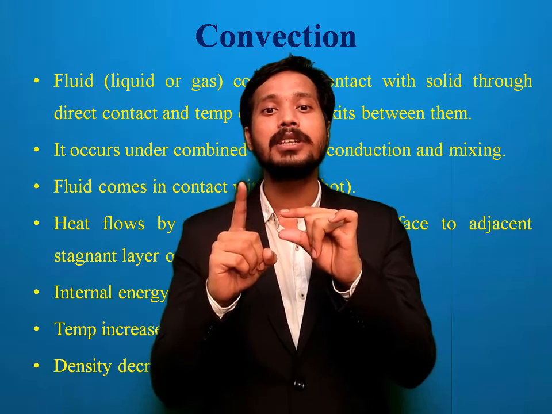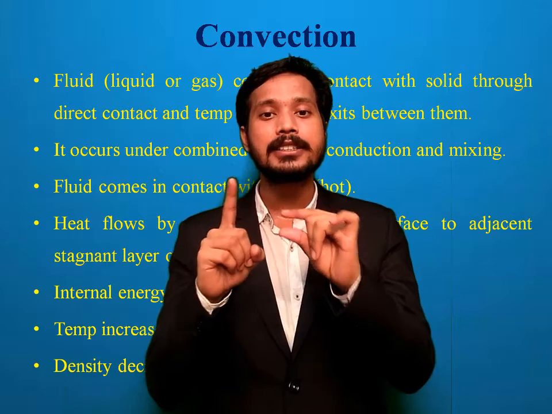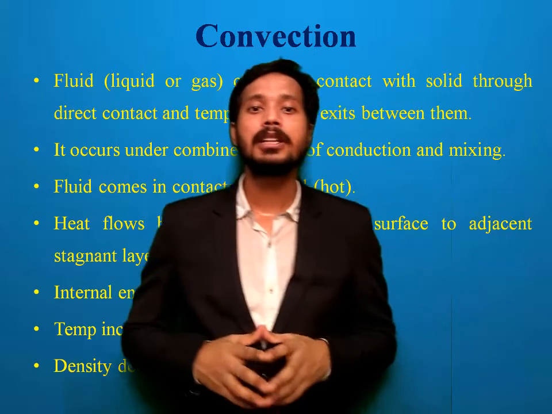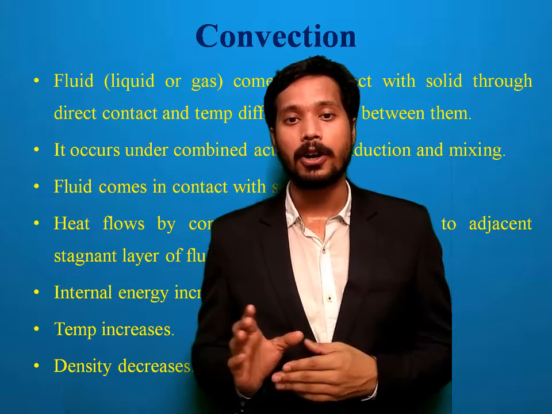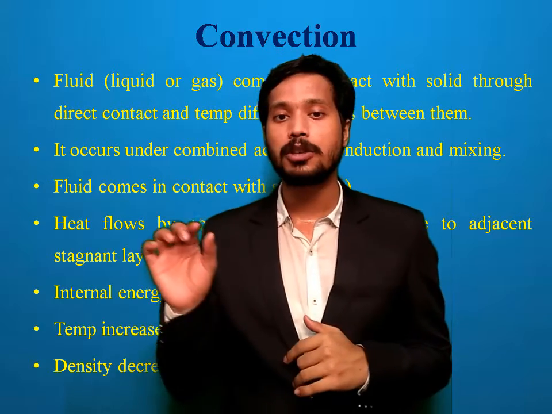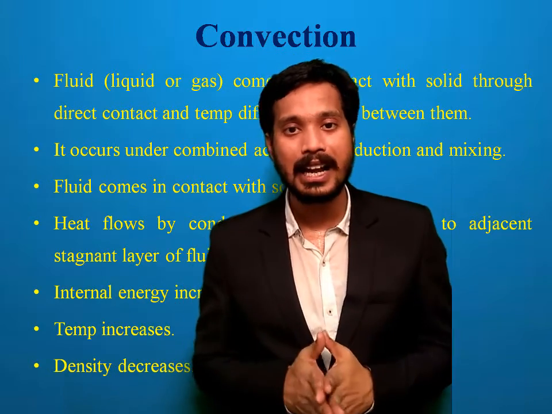There is a gap between the hand and the hot rod, and this gap is the ambient air. Because of the high temperature of the hot rod and the low temperature of the hand, the heat flows from the hot rod to the hand.